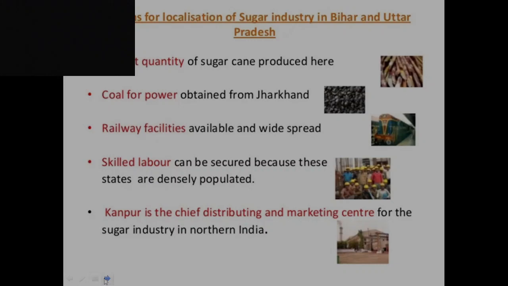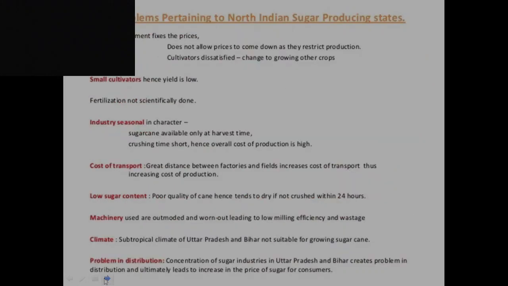Now moving on to another thing. What are the problems pertaining to North India's sugar producing states? What is the reason behind it? It is a very pertinent question for your examination. Prices are fixed by the government, as all of you know, minimum support price is given by the government for each and every agro product. So the government fixes the price, doesn't allow the price to come down, and restricts production.